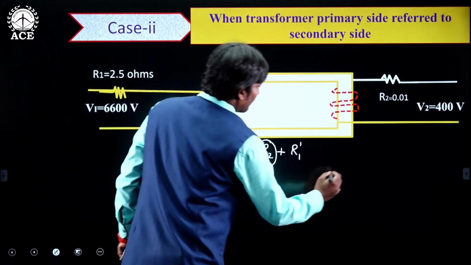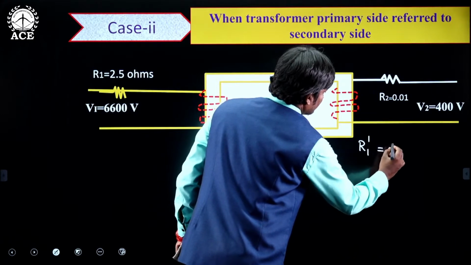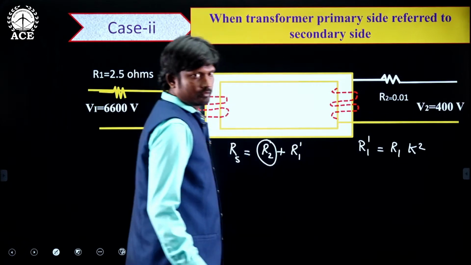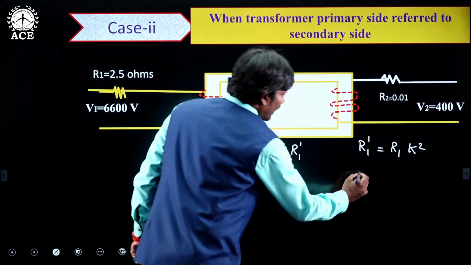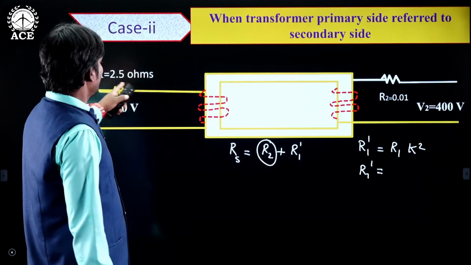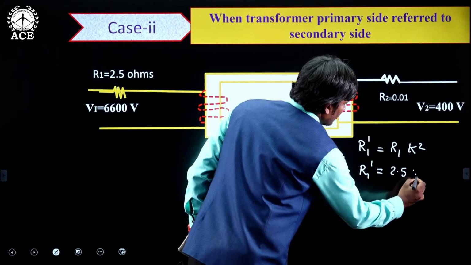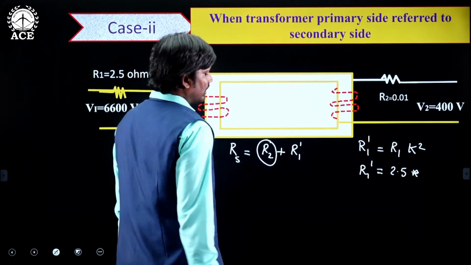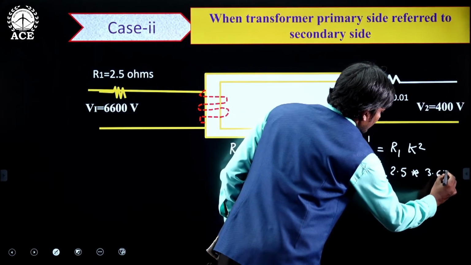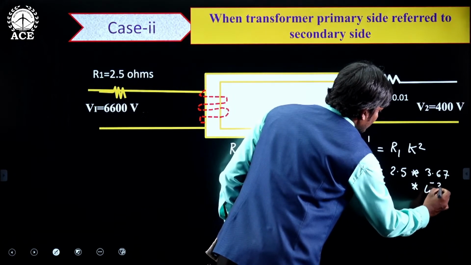Now how to calculate this R1 dash? R1 dash is equal to R1 into K square. R1 is 2.5, and K square is 3.67 into 10 to the power minus 3.